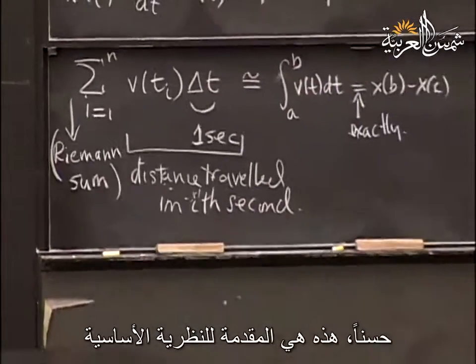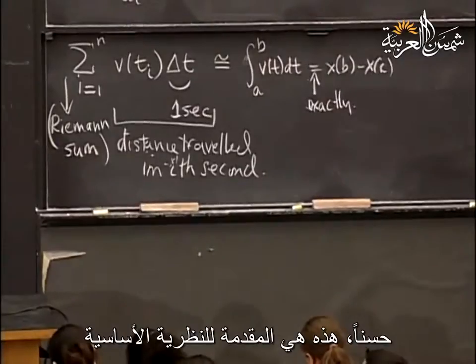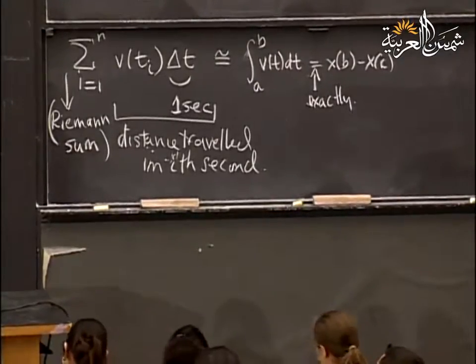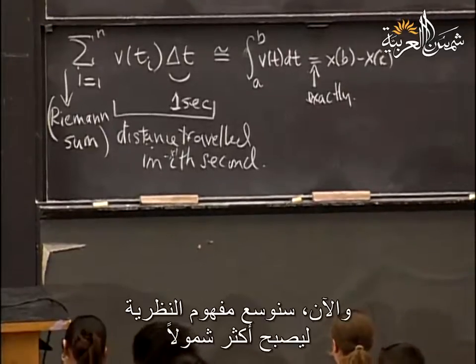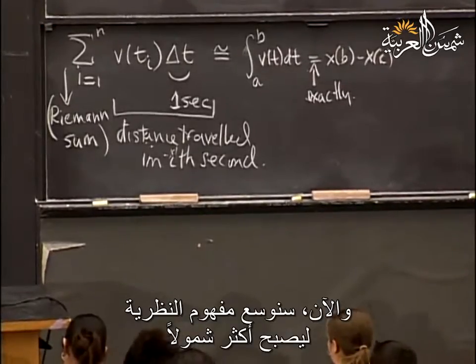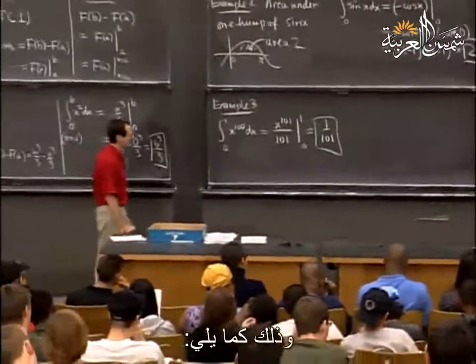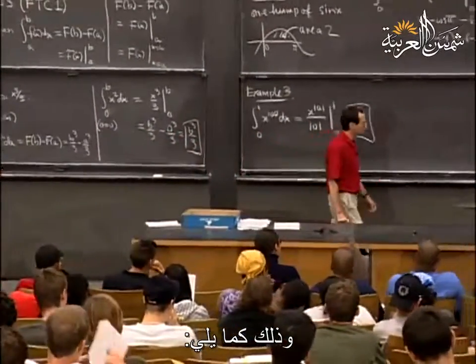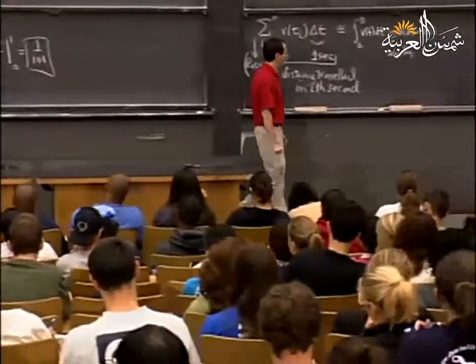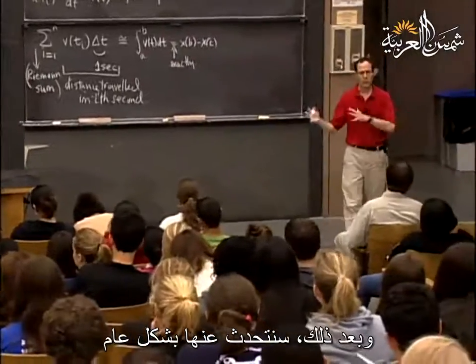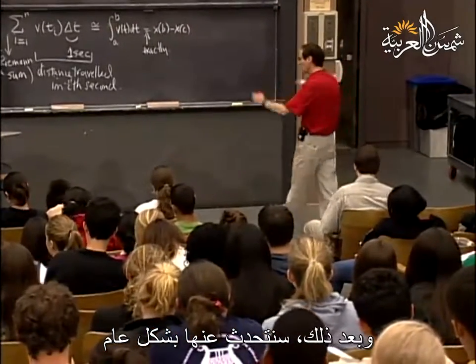All right, so that's the intro to the fundamental theorem. And now what I need to do is extend it just a bit. And the way I'm going to extend it is the following. I'm going to do it on this example first, and then we'll do it more formally.